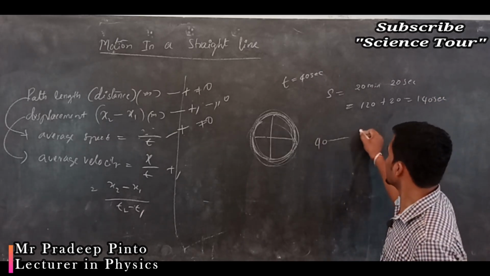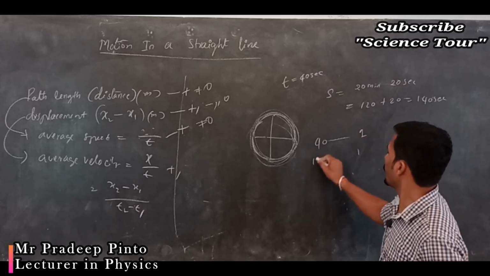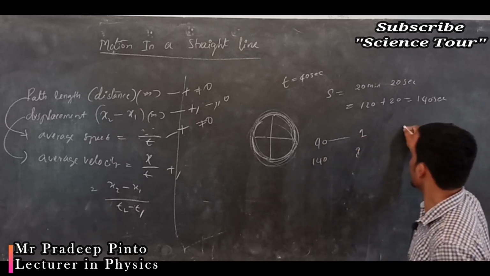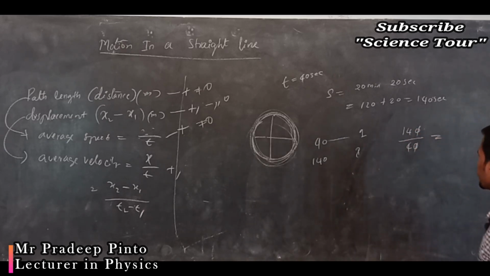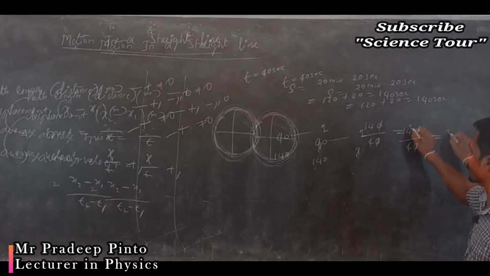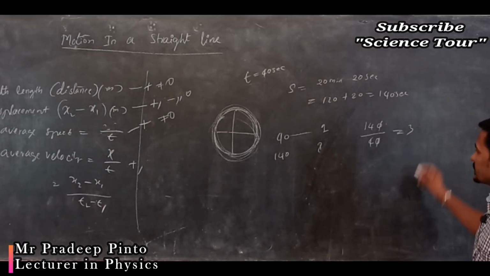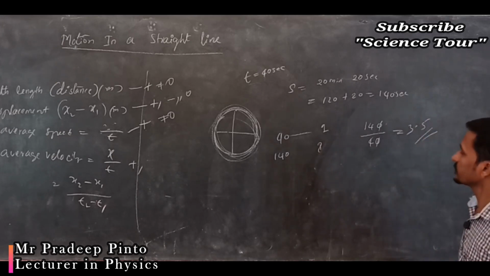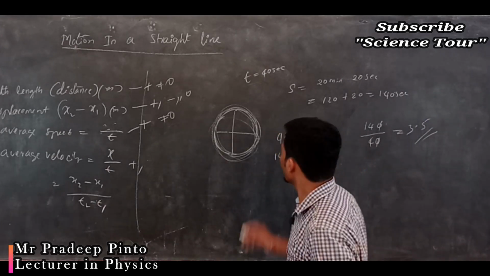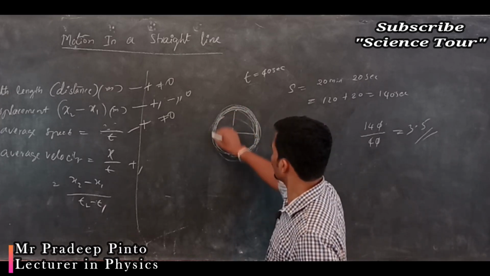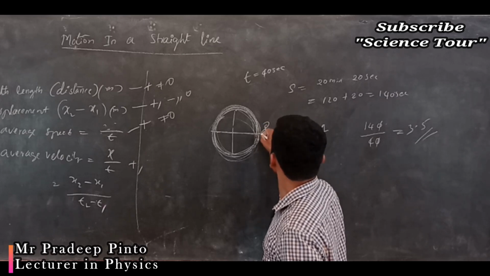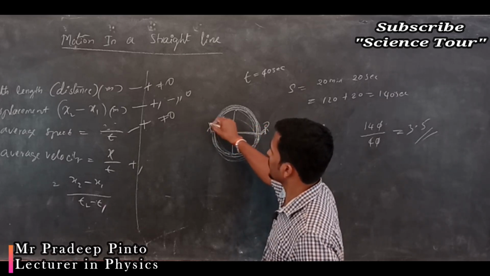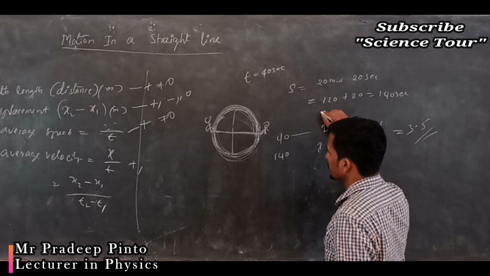So 40 seconds is one round. For 140 seconds, how many rounds? That is 140 divided by 40, which is equal to 3.5 rounds. So after 2 minutes 20 seconds the person will be here. What is the displacement?